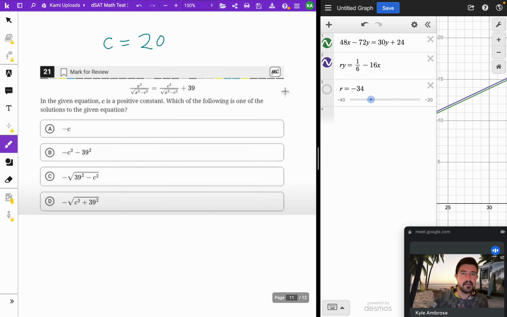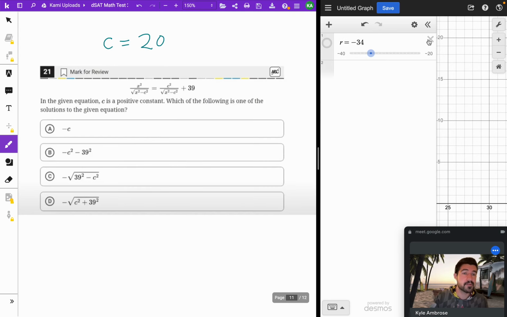If C is 20, let's replace C with 20 in the equation and type the equation into Desmos and watch what happens. It's going to be hard to type it, but that's okay.